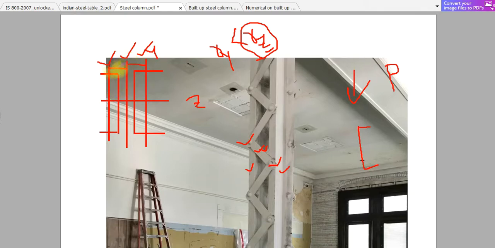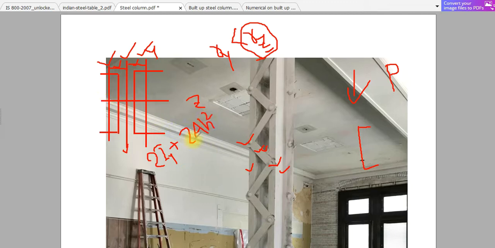So the moment of inertia about this new axis will be 2 into Iy, because two sections are there, plus 2 into A h square, because of two sections.